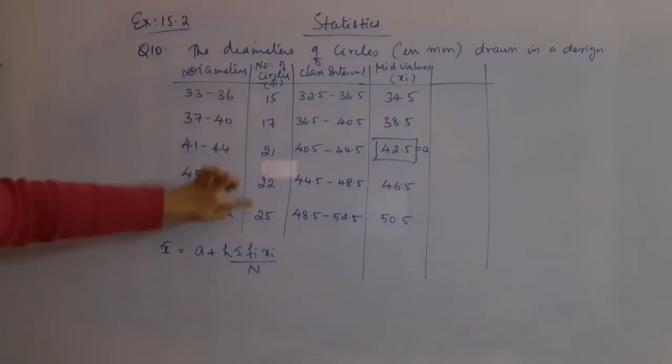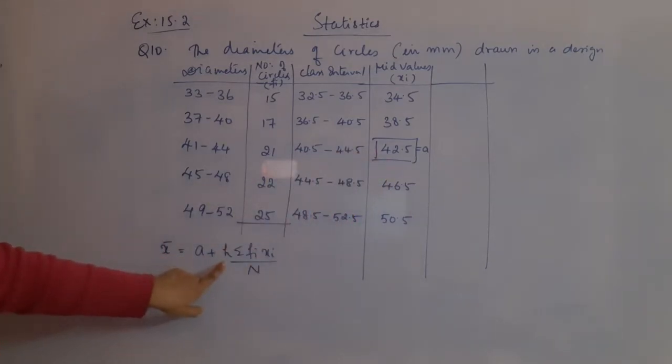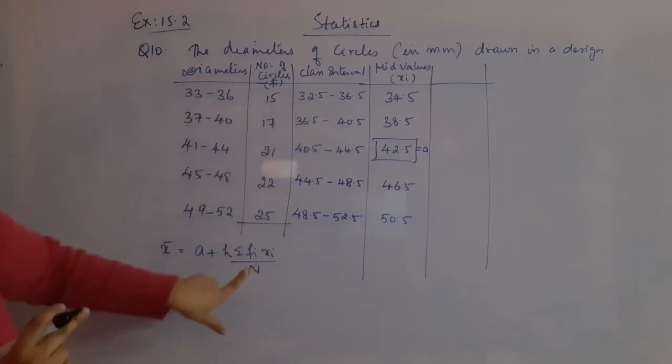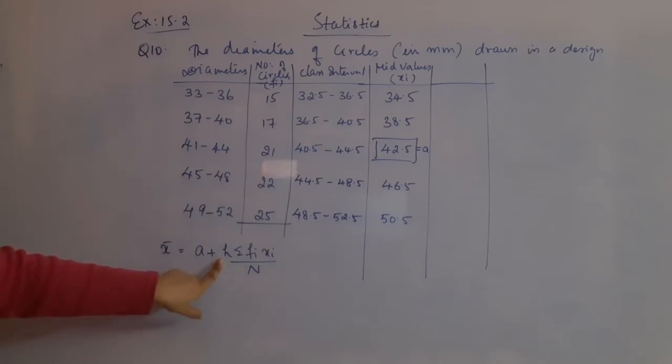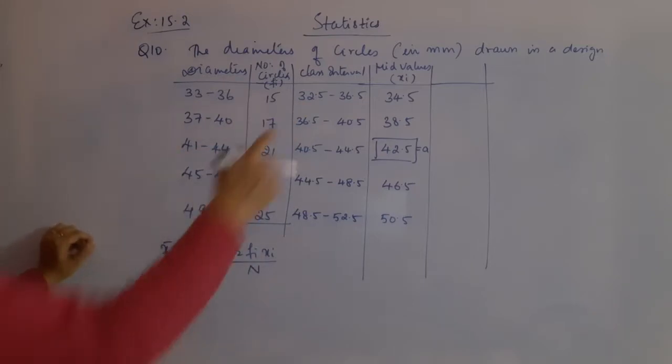N is again the sum of all these frequencies. Okay, so A has been taken. That means again we will see whether h has to be taken. Here you have the interval, in interval you have to take that h. You will get a common thing for all the values when you subtract, so that common also we are removing from those values.